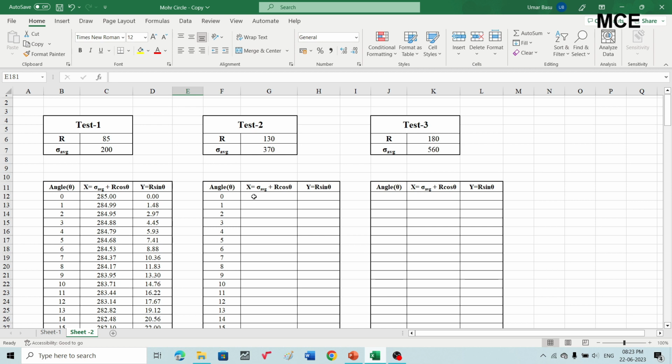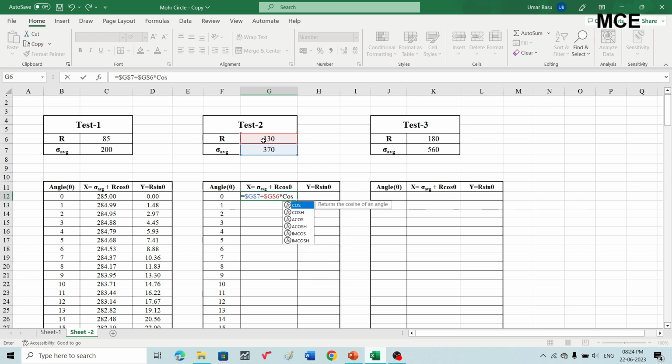Then to get the x coordinate, you will select the first row, then write equal sign, select the sigma average for the test 2, which is 370, press F4, then plus, then select the radius for the test 2, which is 130, again press F4, then multiplication sign, and then write cos, then write bracket, radians, and select the first angle, which is 0 degree.